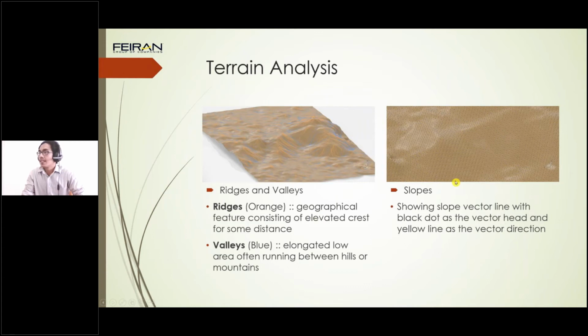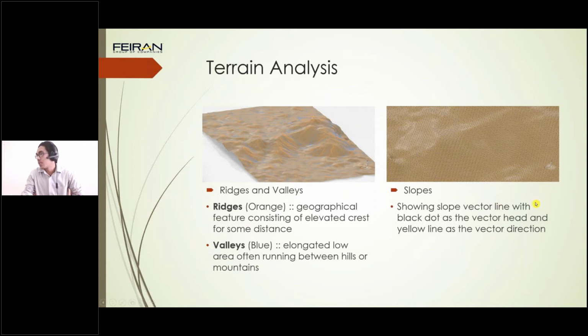Okay, the next analysis that we can do is identifying the slope direction of each elevated terrain area. This slope analysis will identify and show us the slope vector line, and it also shows us the direction.